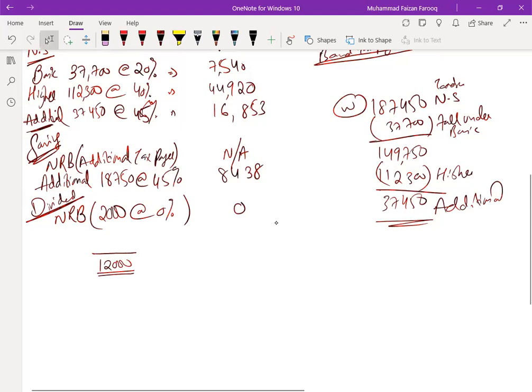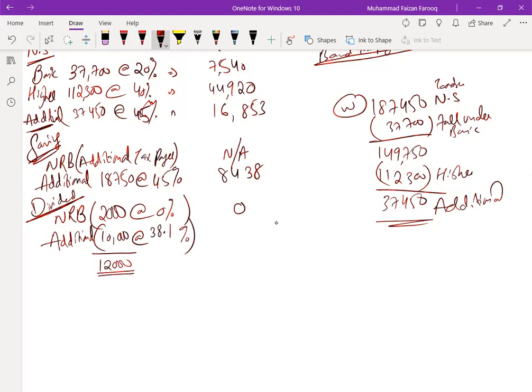We already consumed the basic and higher bands, so the leftover of dividend, 12,000 minus 2,000, is 10,000, which will fall under the additional band for dividend income. If dividend falls under the additional band, the rate is 38.1%, which gives a tax liability of 3,810.